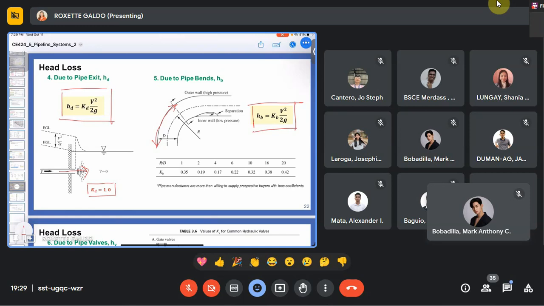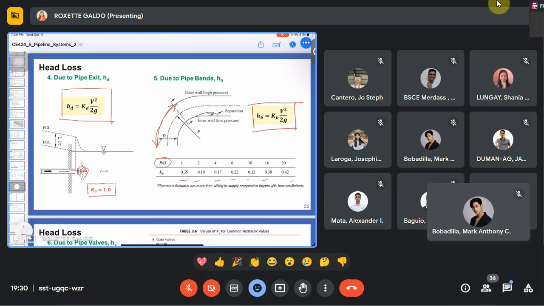KB is the coefficient for bending. You can choose either of these values. Okay? Which you can get from the ratio between the radius of the pipe and the diameter of the bend. I know the diameter of the pipe rather, and R is the radius of the curve of the bend.